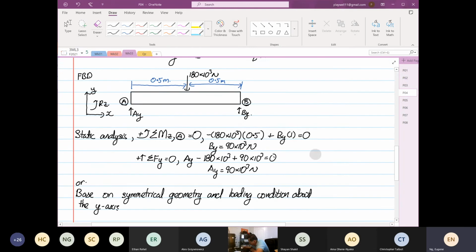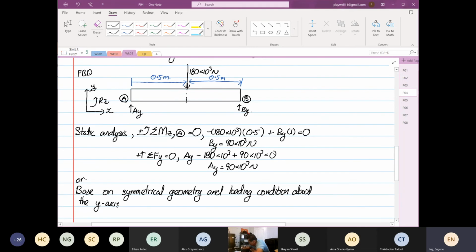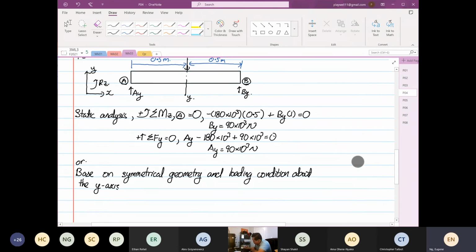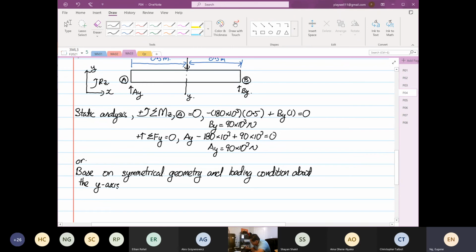So the y-axis over here refers to where the load is applied. Okay, you can say that AY now has to be symmetry in terms of geometry and loading.